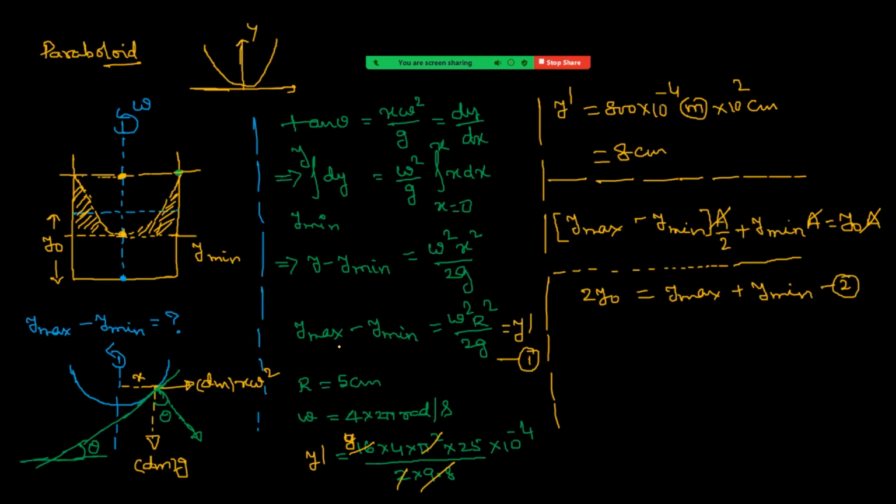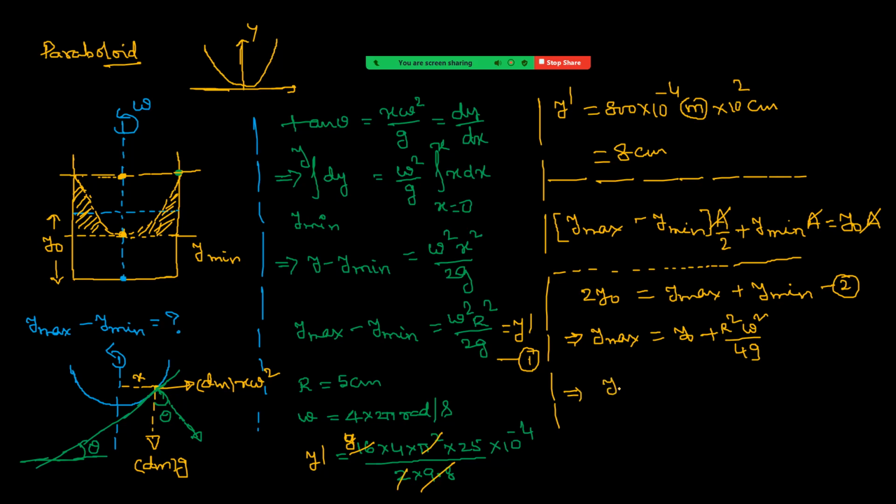So equation 1 is y maximum minus y minimum equal to omega square r square by 2g, and equation 2 is y maximum plus y minimum. Now from this, see what we get. If you take equation 1 plus equation 2, then y minimum gets cancelled. Then y maximum is equal to y naught plus r square omega square by 4g.